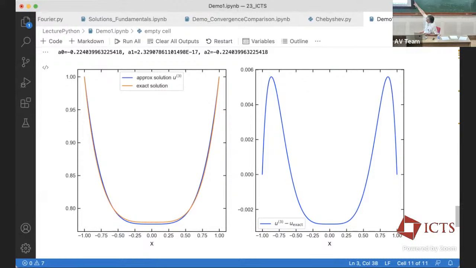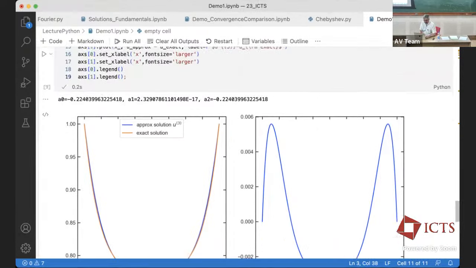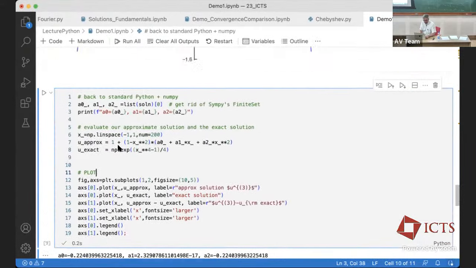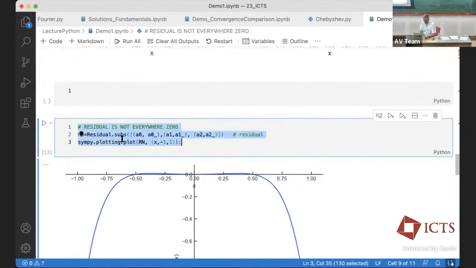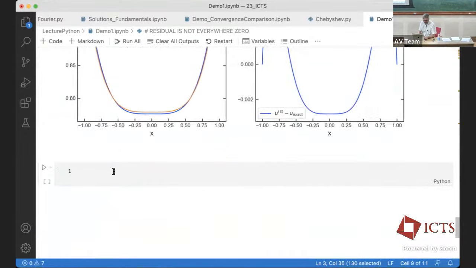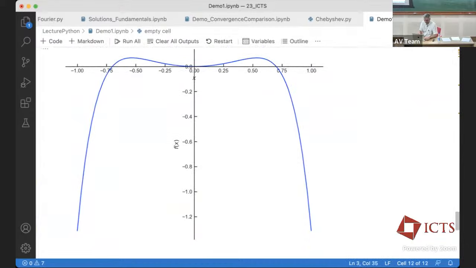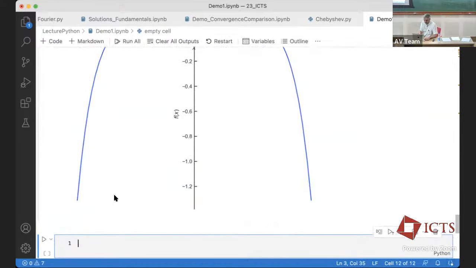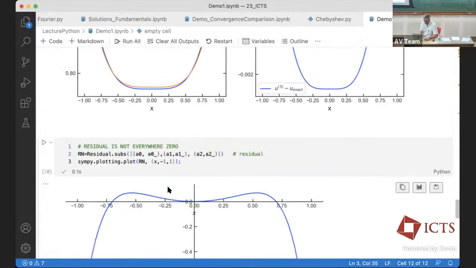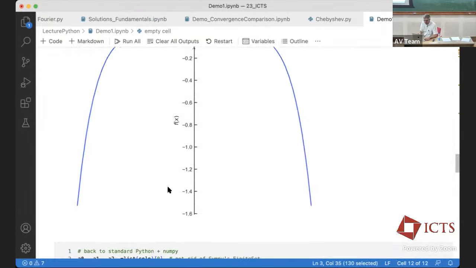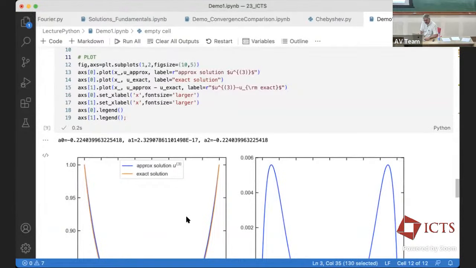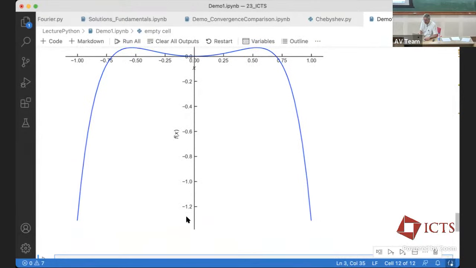The right side is no longer plus minus 0.016, but plus minus 0.006. And let's also plot the residual again. That one now goes down to minus 1.2. And beforehand, it went down to minus 1.6. So it's somewhat improved.